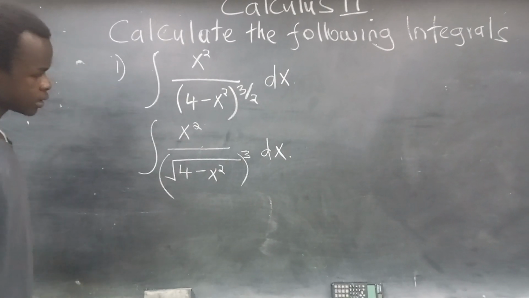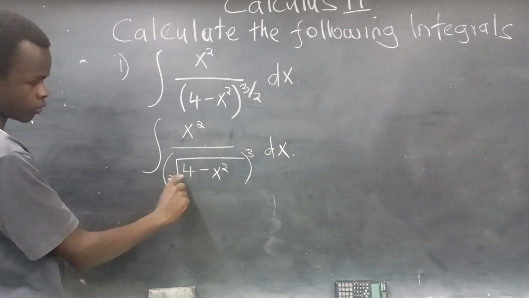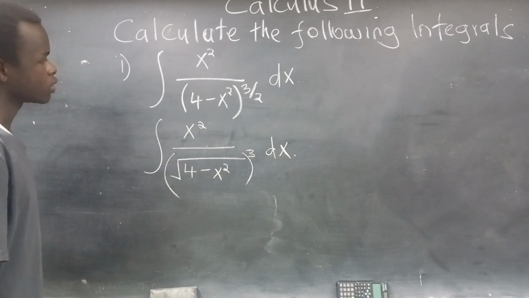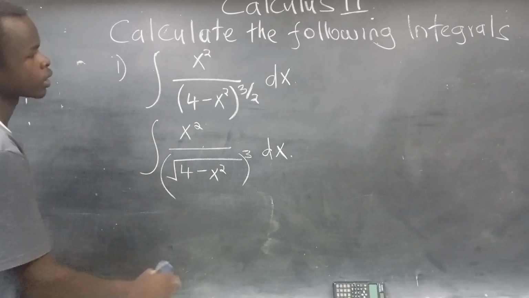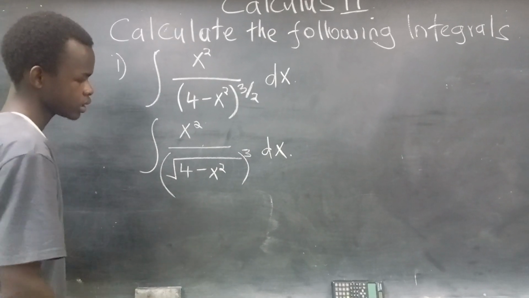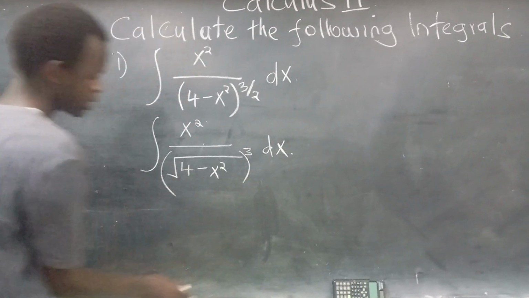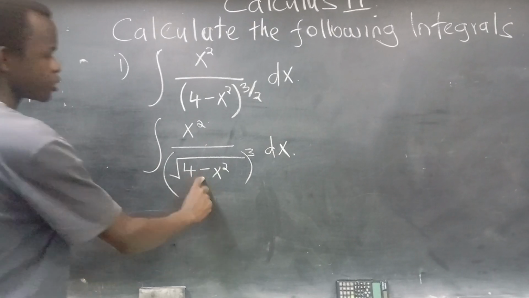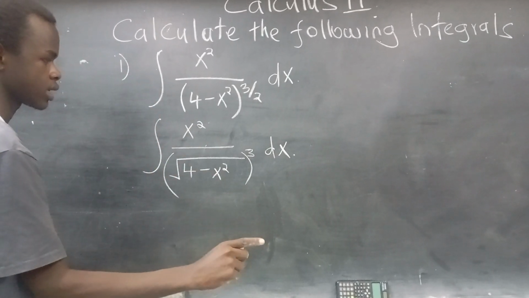When it's minus, it represents the trigonometric substitution for sine.